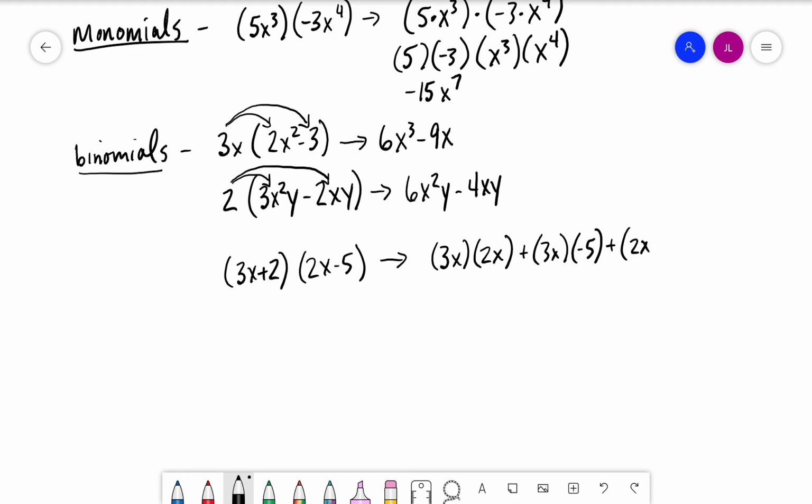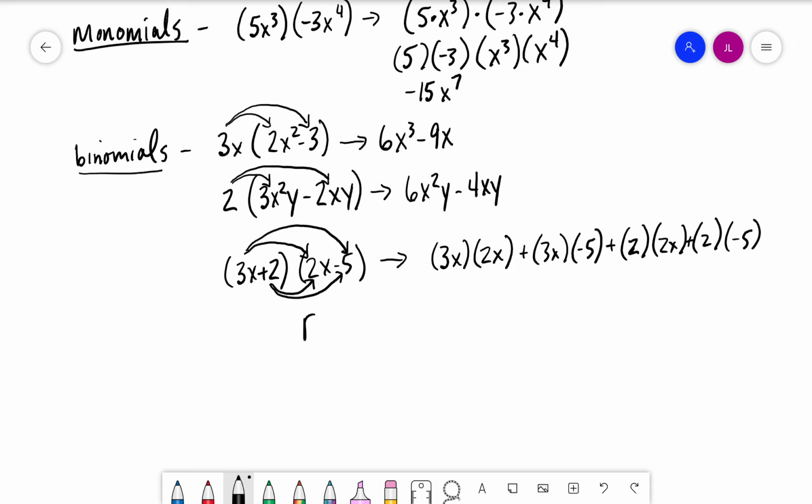So we get this. We did 3x times 2x, 3x times negative 5. Now we have to do 2x, or we should say with 2, 2 times 2x, and 2 times negative 5. Plus signs in there. So, really we're saying we're going to multiply these two, and then we're going to multiply these two.